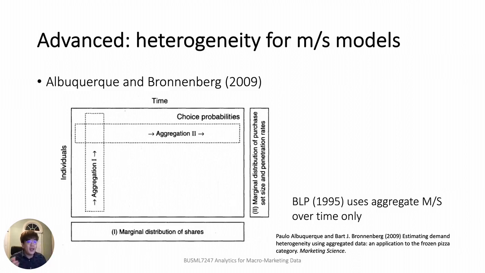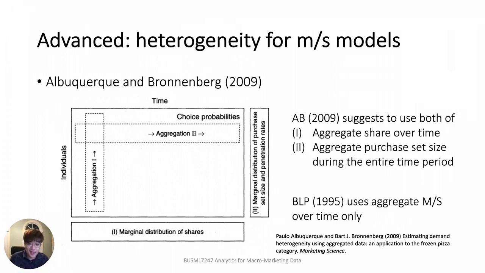For example, annual market reports provide the proportion of consumers who have bought or used the brand at least once per year. Albuquerque and Bronnenberg suggested using both aggregations. And the additional aggregation allows for more accurate inference of the unobserved heterogeneity of the preference on product features.